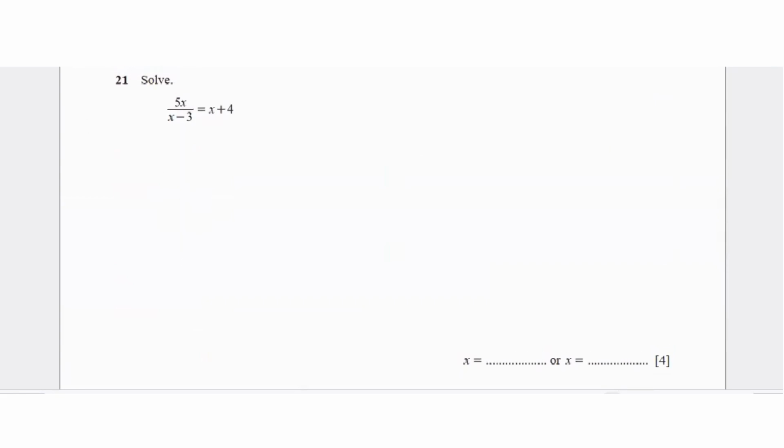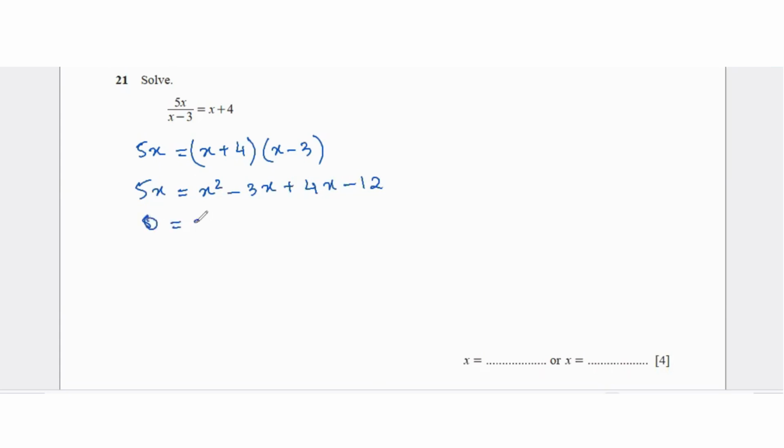Solve 5x over x minus 3 equals x plus 4. Cross multiply to get rid of the fraction. x plus 4 times x minus 3. That's going to be x squared minus 3x plus 4x minus 12.